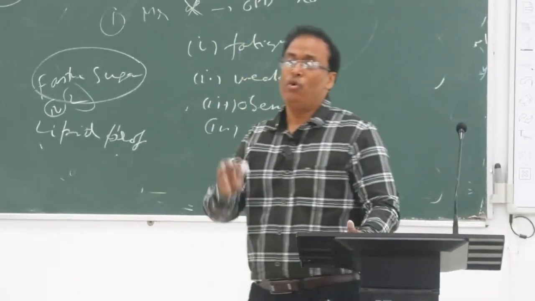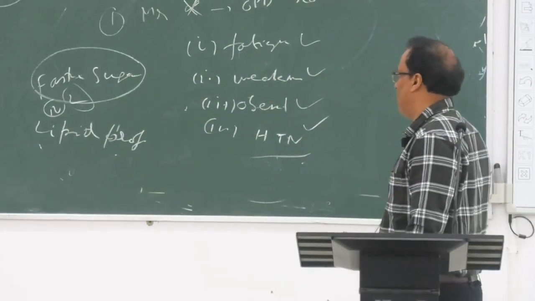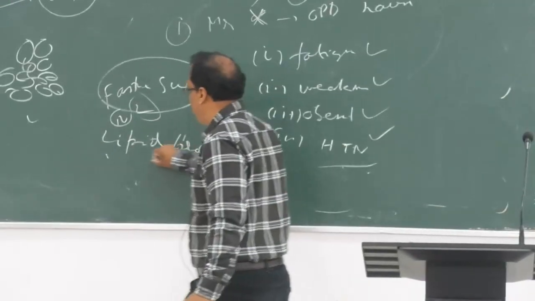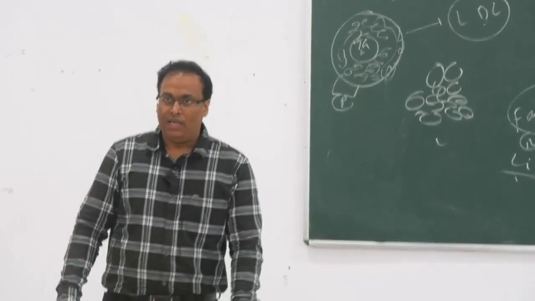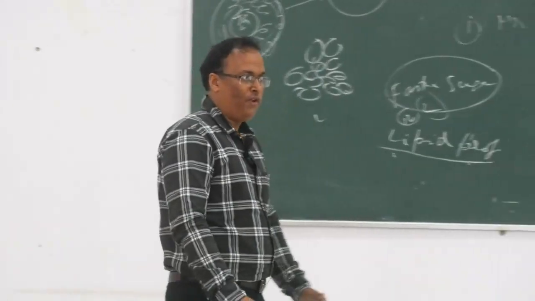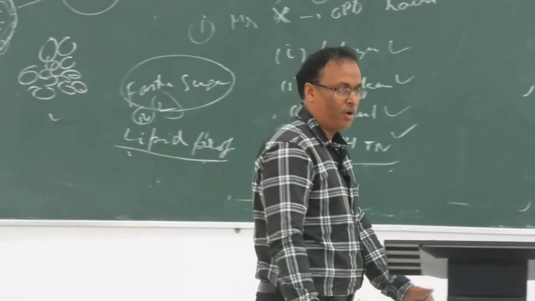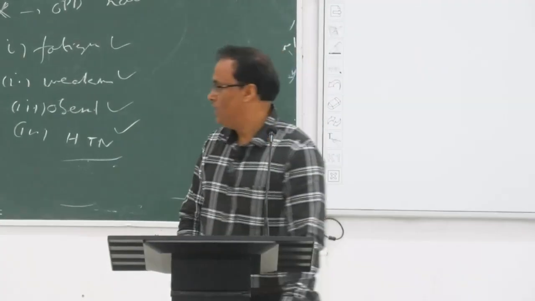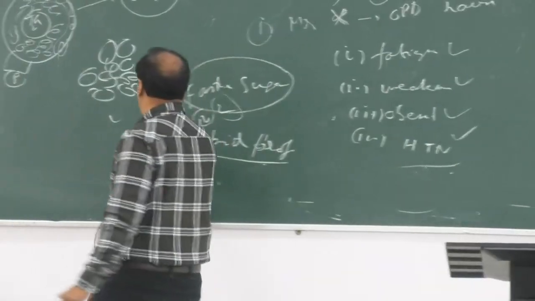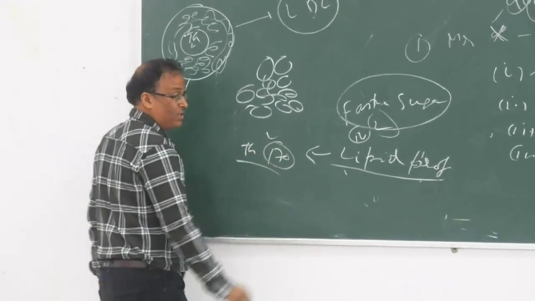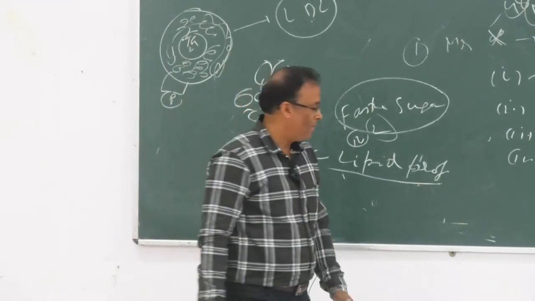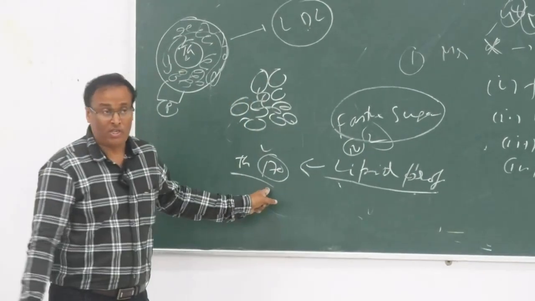Before that, you can assess the matter by seeing only the lipid profile. Lipid profile means triglyceride, LDL cholesterol, VLDL cholesterol, HDL cholesterol, all are important. Suppose this patient has a triglyceride level of 170.